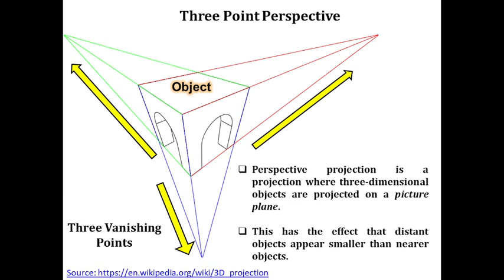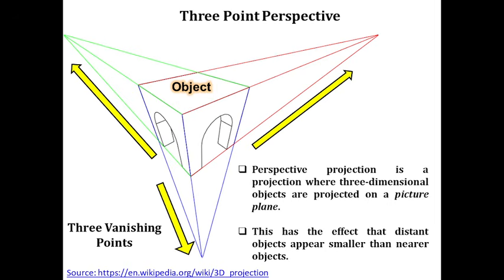Observe the figure carefully. You will notice that the receding edges converge towards three different vanishing points. Two vanishing points are located on the horizon, representing the width and depth of the object, while the third vanishing point is either above or below the horizon, representing the height.